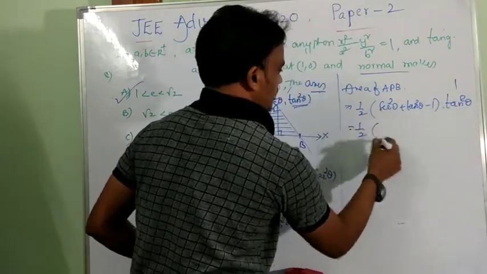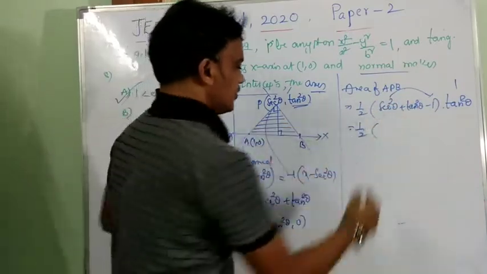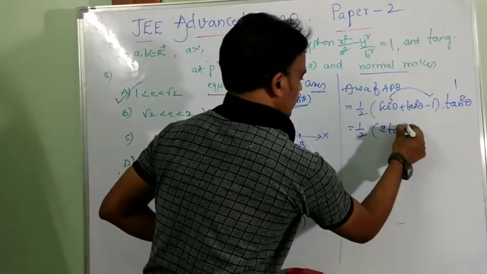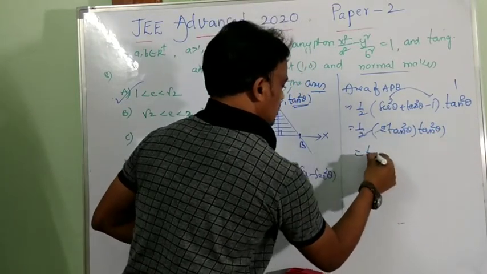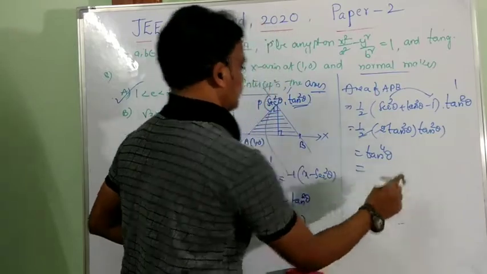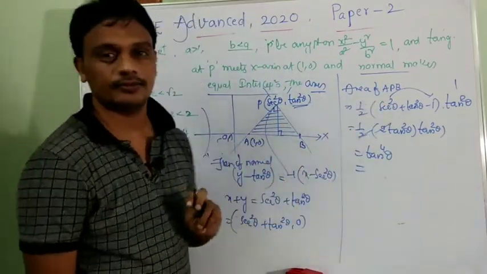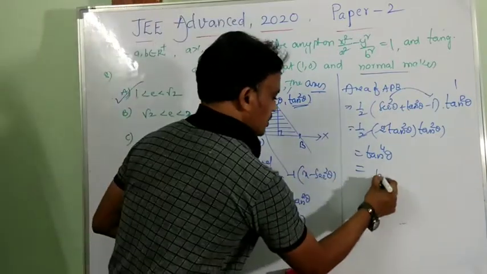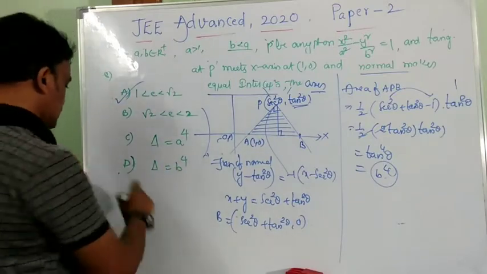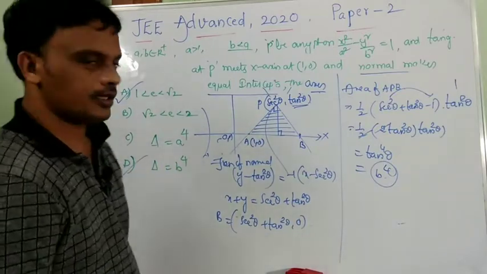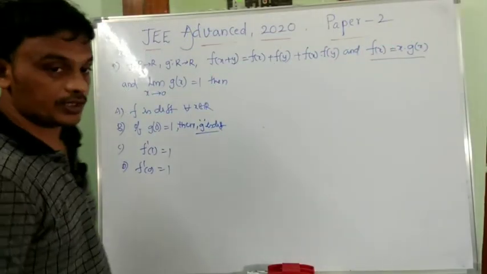So 1 by 2 of (secant square theta minus 1 plus tan square theta), which is 2 tan square theta, times tan square theta. The 2 gets cancelled, which is tan power 4 theta. Since b equals tan theta, this is b power 4. From the options, it is D, right or not? Come on, students.